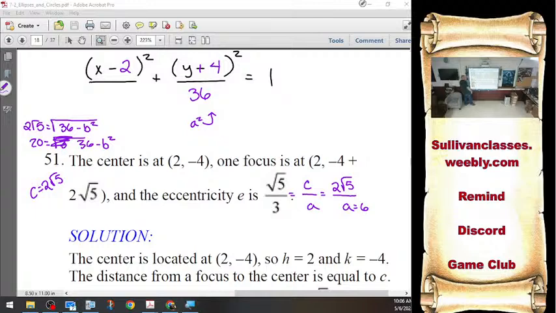Subtract, divide by negative, and I get b squared is 16. But because the y's were changing from center to focus, I know it is stretched vertically. A squared has to go with the y term. I didn't want to include this before because I think we had just started eccentricity.